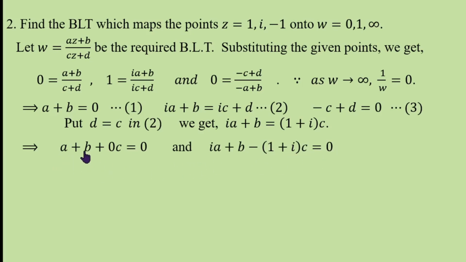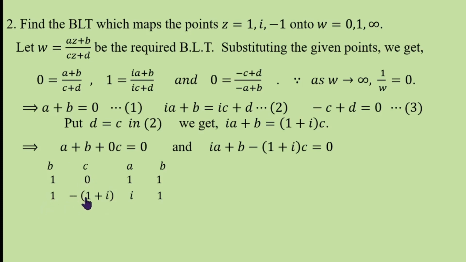Take the coefficients, first B and then C and then A, again B. The coefficients of B, C, A and B: here 1 and here also 1, 1, 1. C is 0, -(1 + i), A is 1 and i. Therefore, 1, 1, 0, -(1 + i), 1, i, 1, 1. Therefore, A is the determinant of the coefficients of B and C, that is 1 into -(1 + i) minus 0.